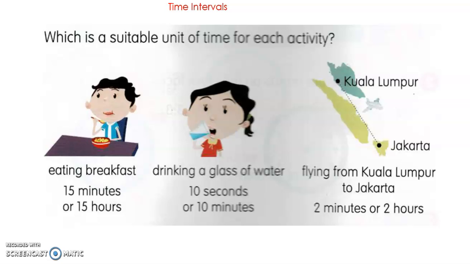What about flying from Kuala Lumpur to Jakarta? It's actually by plane, so this will not take 2 minutes. 2 minutes is too little to travel. So 2 hours is a suitable description for flying from Kuala Lumpur to Jakarta.